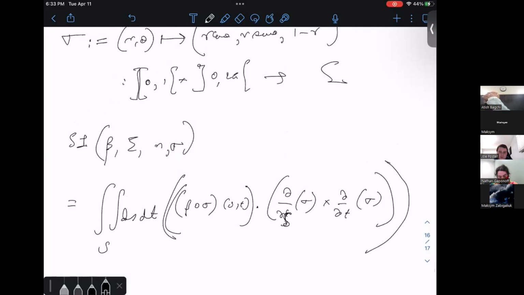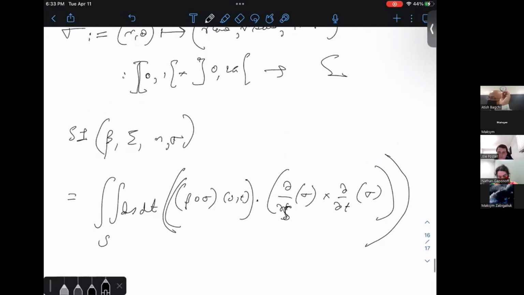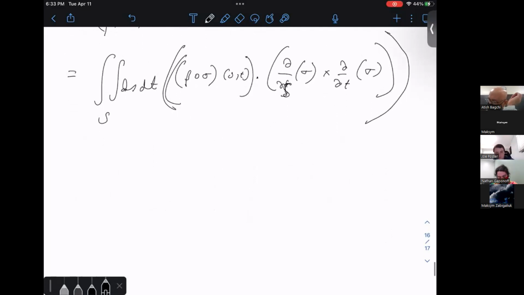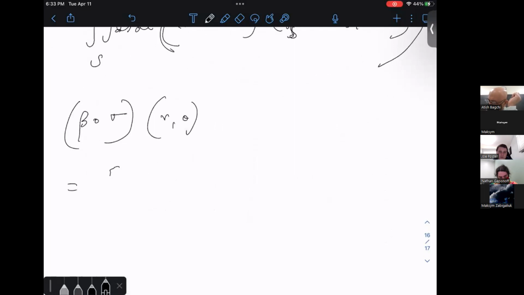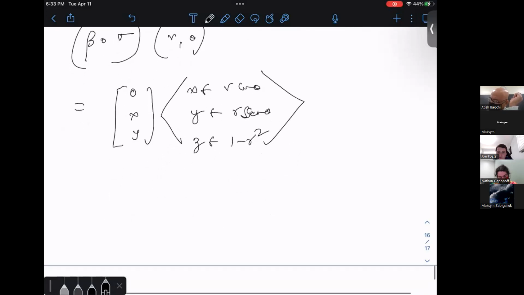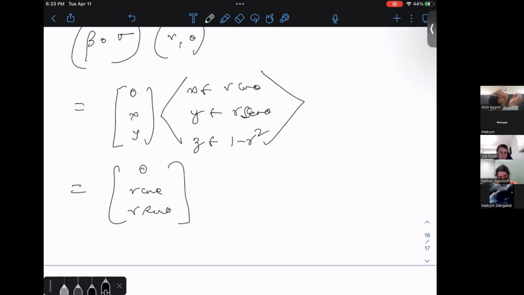But we don't have s and t, we have r and theta. So beta composed with sigma of (r, theta) is equal to, what was beta? I have forgotten. It's (0, x, y) with x replaced with r cosine theta, y replaced with r sine theta, and z replaced with 1 minus r squared. So that is equal to (0, r cosine theta, r sine theta).